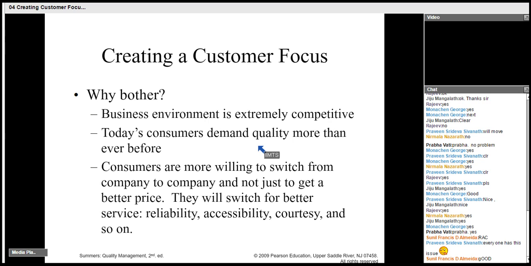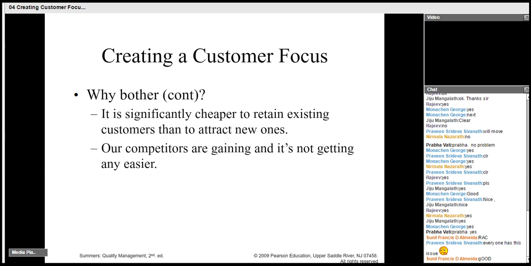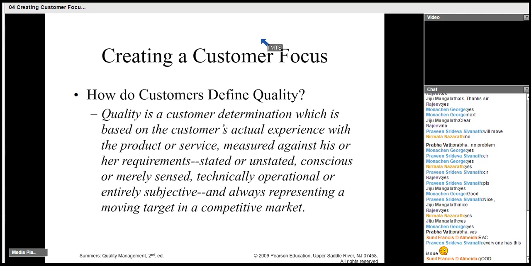Today's consumers demand quality more than ever before. Consumers are more willing to switch from company to company, and not just to get a better price. They will switch for better service, reliability, accessibility, courtesy and so on. Why bother? It is significantly cheaper to retain existing customers than to attract new ones. Our competitors are gaining, it's not getting any easier.